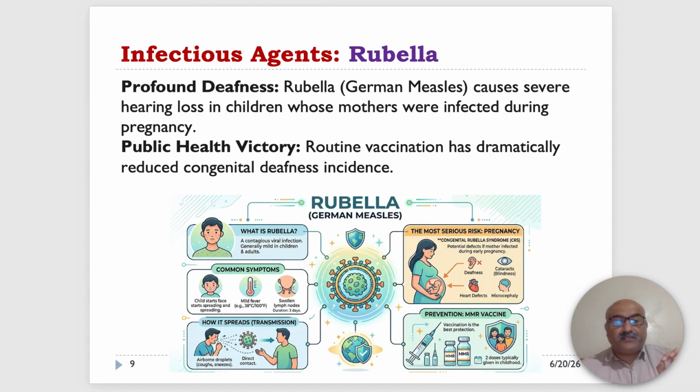Viral infections also pose a severe threat, as seen with rubella. Rubella, or German measles, is normally a mild illness. However, if a mother is infected during pregnancy, the virus attacks the developing fetus, most notably causing profound congenital deafness.